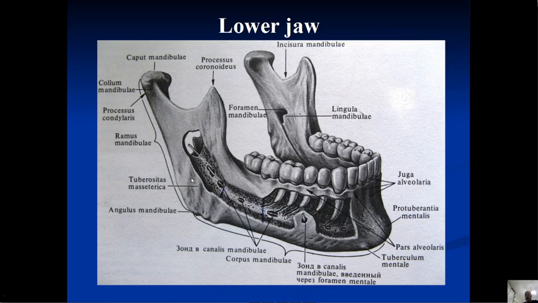Here, as you can see. On the inner surface, there is the mylohyoid ridge, internal oblique ridge, to which the mylohyoid muscle is attached. Due to this muscle, the bottom of the oral cavity divides into two floors, upper and lower.